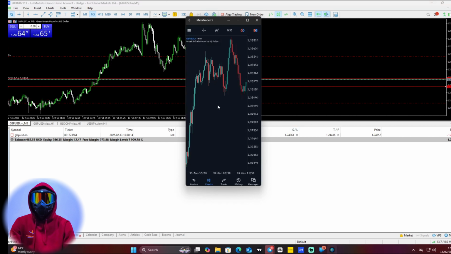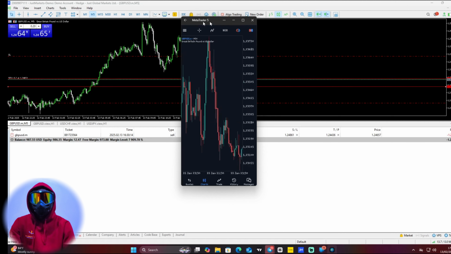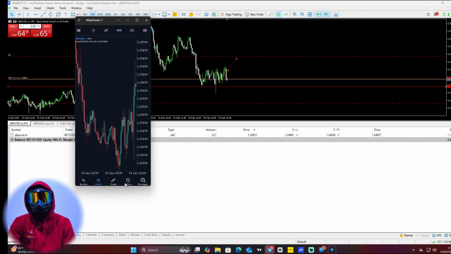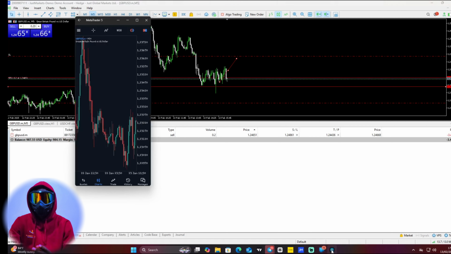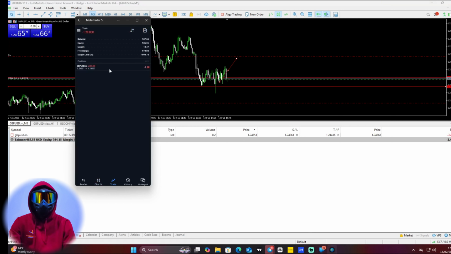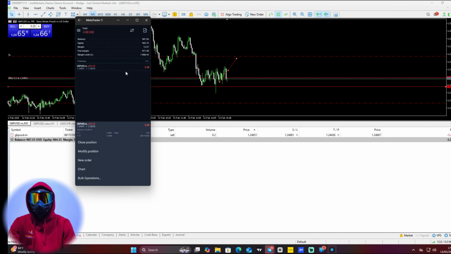It is a demo account. Okay, so also go and place a trade. Make sure you're using MetaTrader 5. I don't see why you're still using MT4 in 2025. Why are you using MT4 in 2025? Use MT5. So even on the phone, when you put a trade, you can be able to drag and see.